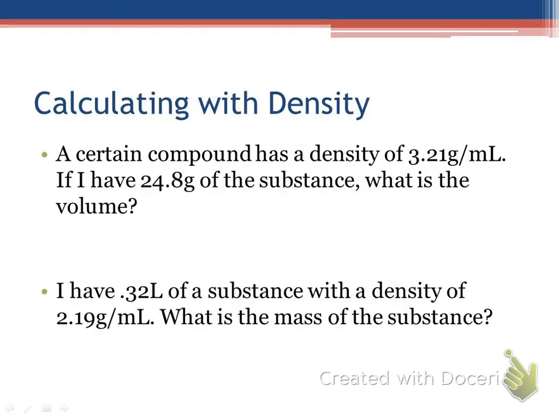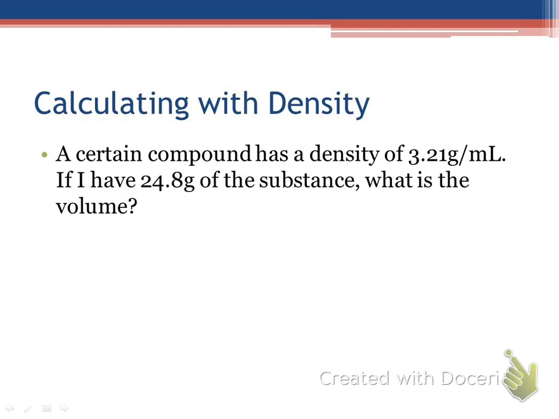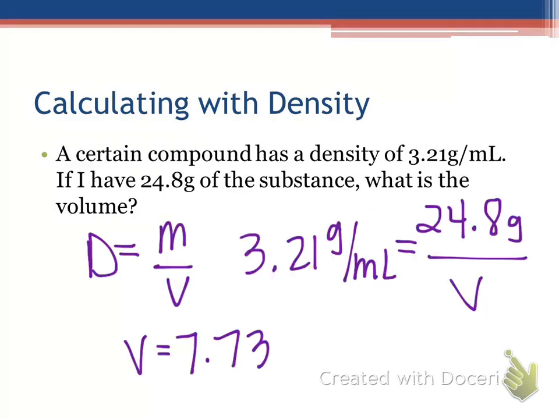Okay. If a certain compound has a density of 3.21 grams per milliliter, if I have 24.8 grams of the substance, what's the volume? When we're trying to solve for volume, the bottom, or something in the denominator, we switch these two places.